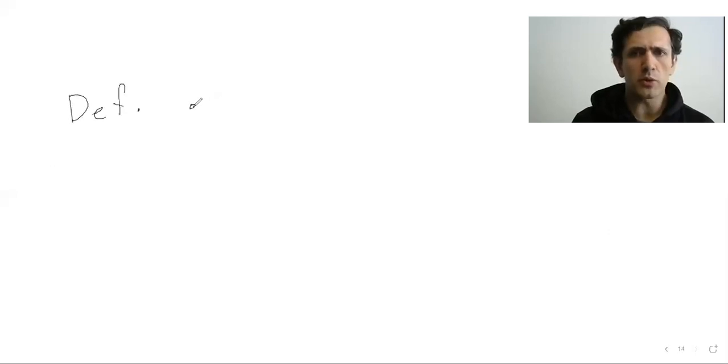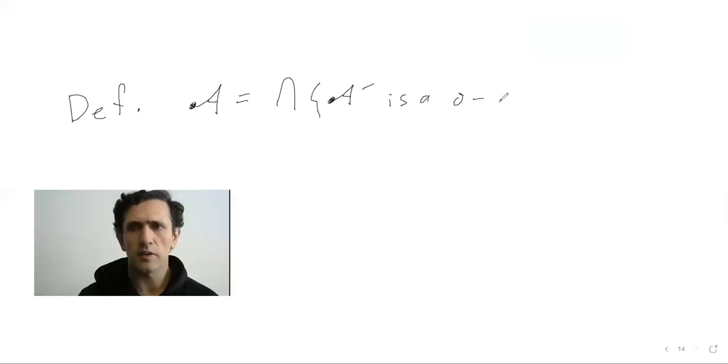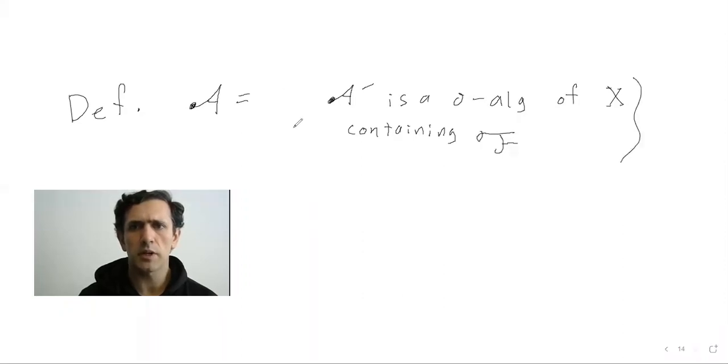So what we want to do is define a sigma algebra as follows, which I'll call script A. It's just the intersection of all sigma algebras of X containing script F. Maybe I'll make the intersection a little bigger.